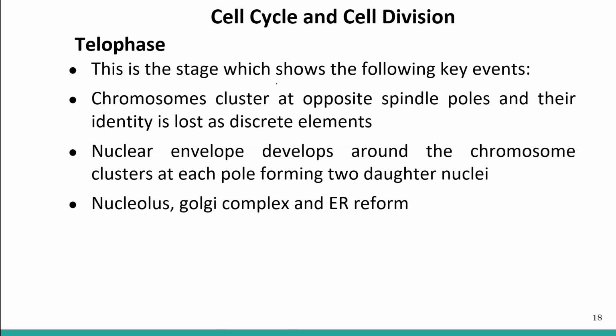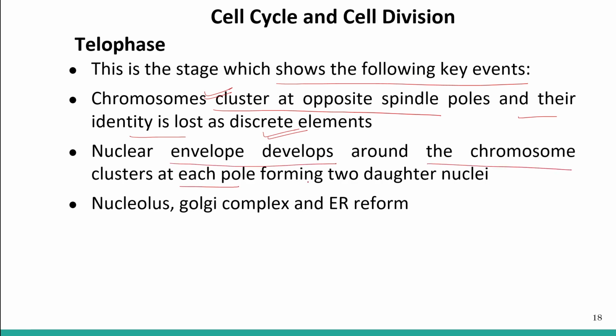This is the stage which shows the following key events. The chromosomes cluster at opposite spindle poles and their identity is lost as discrete elements. So chromosome identity is lost at this particular stage. The chromosomes can never be seen in this stage, right? So a nuclear envelope develops around the chromosome cluster at each pole, forming the two daughter nuclei.